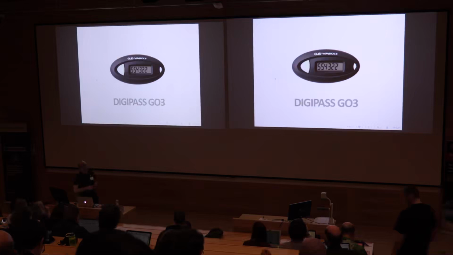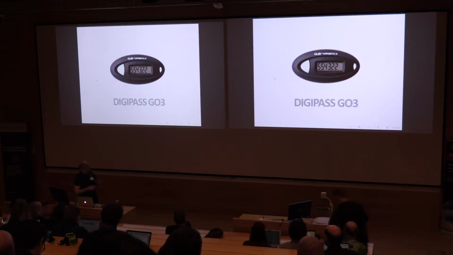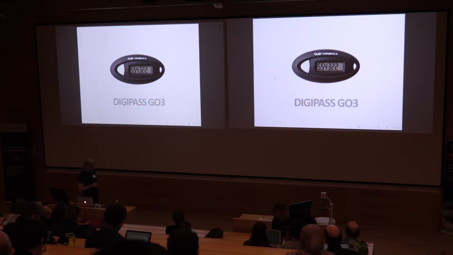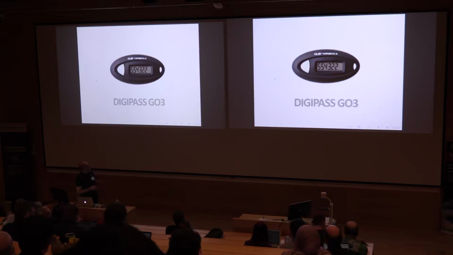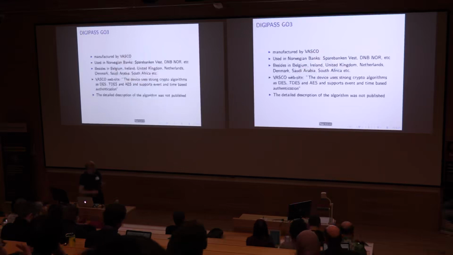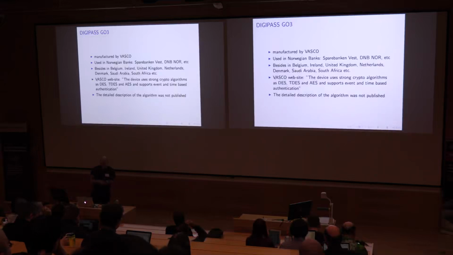Two features of the device are the screen, where you can read a 6-digit combination after you press this button on the left. So this device is manufactured by the international company Vasco, and it is used besides Norway in many countries listed on the slide.